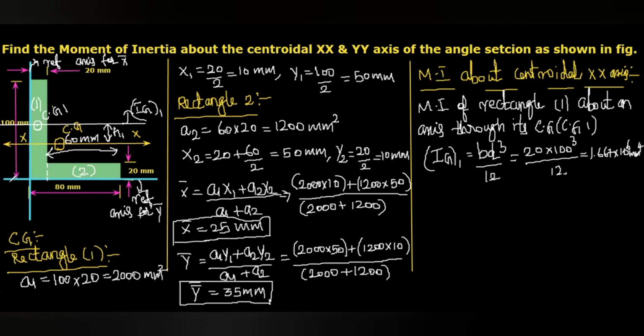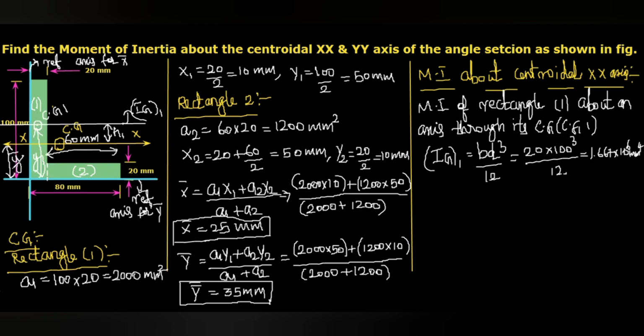Here you can see this is the bottommost line, axis for y bar calculation. From here to this axis XX, that is up to CG, that will be y bar. And this one up to CG1, that will be y1. So this distance h1 will be y1 minus y bar.